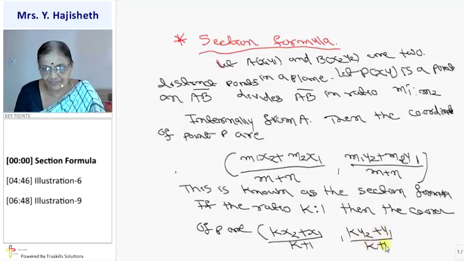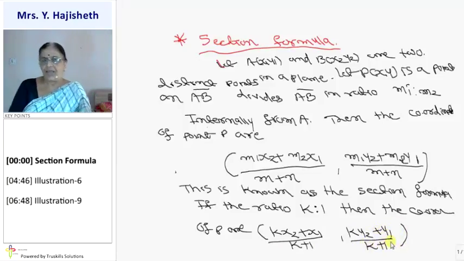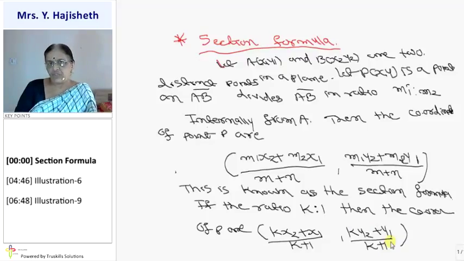Clear? m1 m2 की जगह k is to 1, m1 की जगह k and m2 की जगह 1.